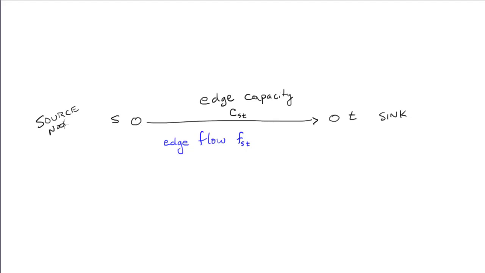A directed graph, by definition, is just a set of nodes and a set of edges.